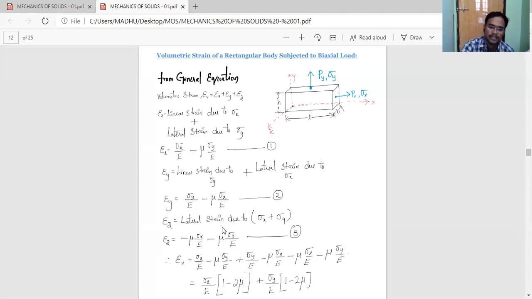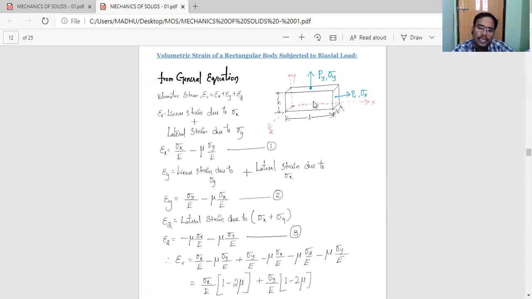Now epsilon z, the lateral strain due to sigma x and sigma y, for both Px and Py. Because we don't have another load in the z direction, there is no other term, that is, no primary strain in the direction of z.